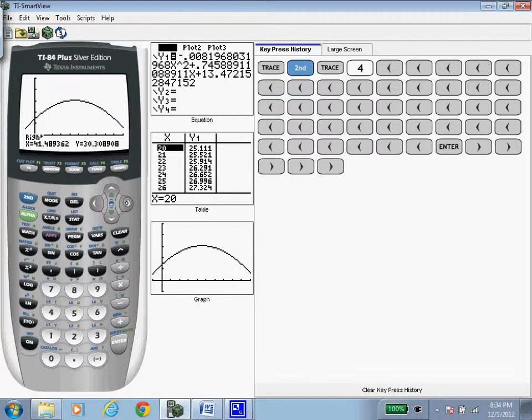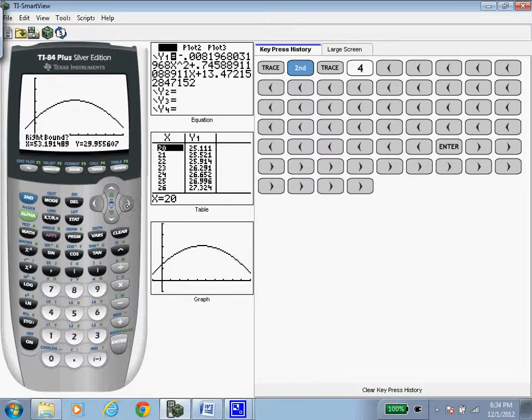Move blinky to the right of my vertex. Hit enter. And then hit enter the third time. And there I get my vertex. And again, you use the X or the Y depending on what the question's asking you to find. And again, I'll use the value that I found from the function algebraically to answer the question.